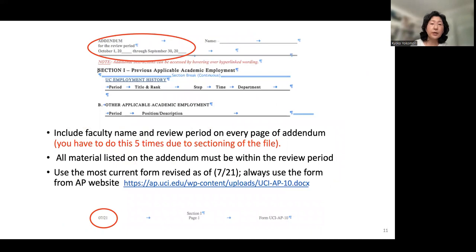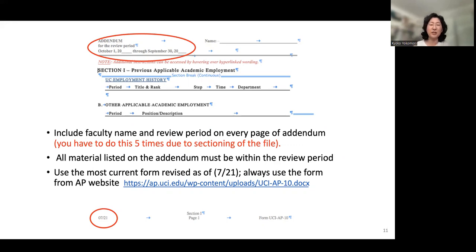So at the top of this AP-10 addendum, this is where you're going to put in the date for the review period. It always starts from October 1st and ends with September 30th. So if you're submitting files this year, it should be September 30th, 2022. And unfortunately, in this Word file of AP-10, these 5 sections are different sections, so you have to put these dates 5 times.